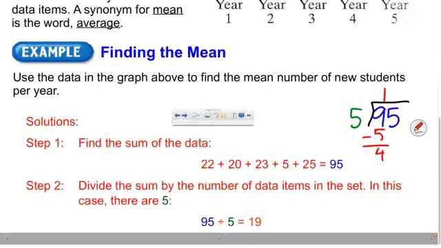Subtract, I get 4. Bring down the 5. 5 goes into 45, 9 times. 9 times 5, 45. Subtract, 0. Okay? Any question about that problem?